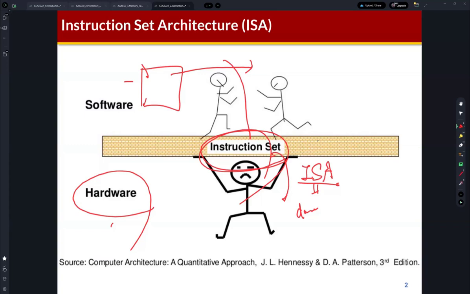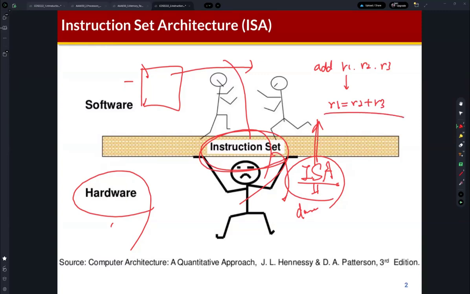So the instruction set architecture defines the instruction, for example, add R1, R2, R3. If this instruction is given to the CPU, it performs R1 equals R2 plus R3.